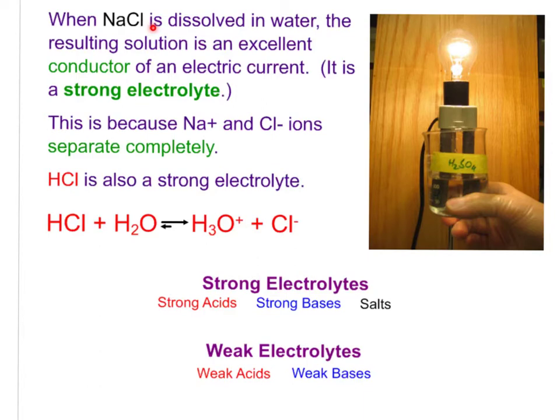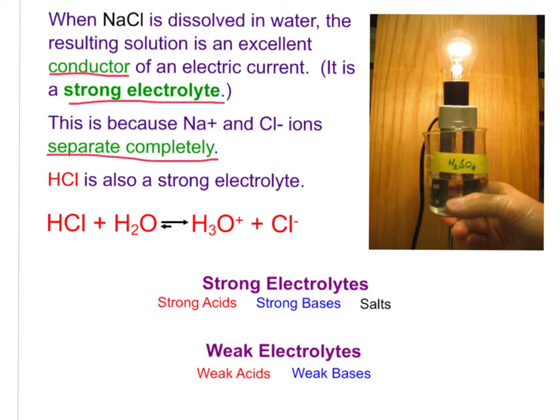An excellent conductor of electricity, if something's an excellent conductor, it is called a strong electrolyte by definition. And the reason it's a strong electrolyte is because the sodium and the chloride ions completely separate. We get almost entirely sodium ions and chloride ions floating about in there. They separate completely, and we have a lot of ions that can conduct electricity.